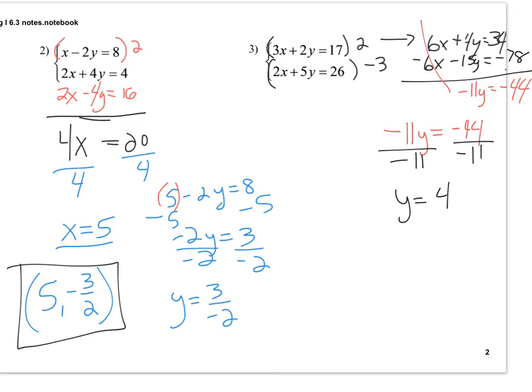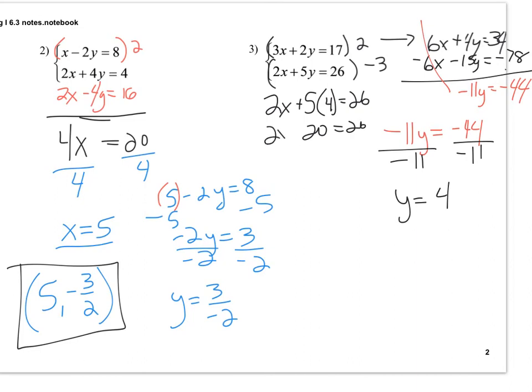All right, not quite done. I need to plug that into one of my equations to determine what my x value is going to be worth. So let's choose the bottom one. 2x plus 5 times 4 is equal to 26. Okay, so 5 times 4, well, that's 20.